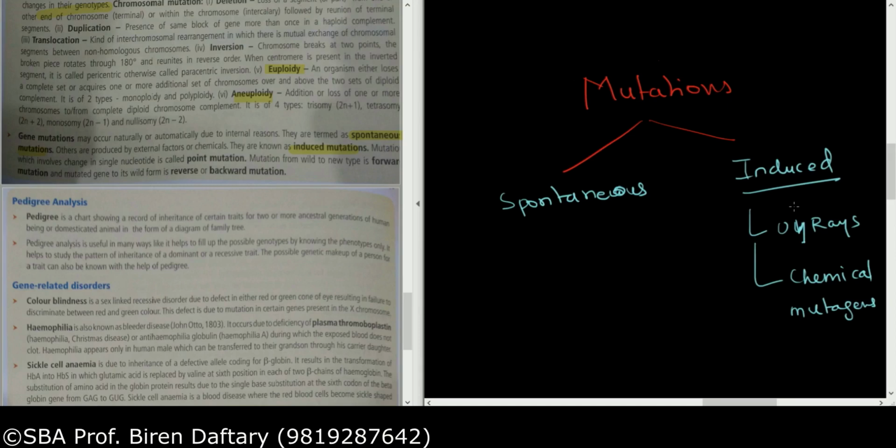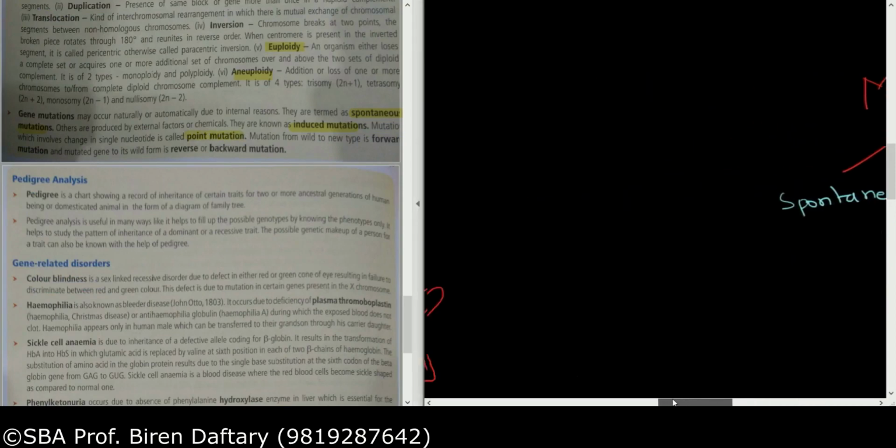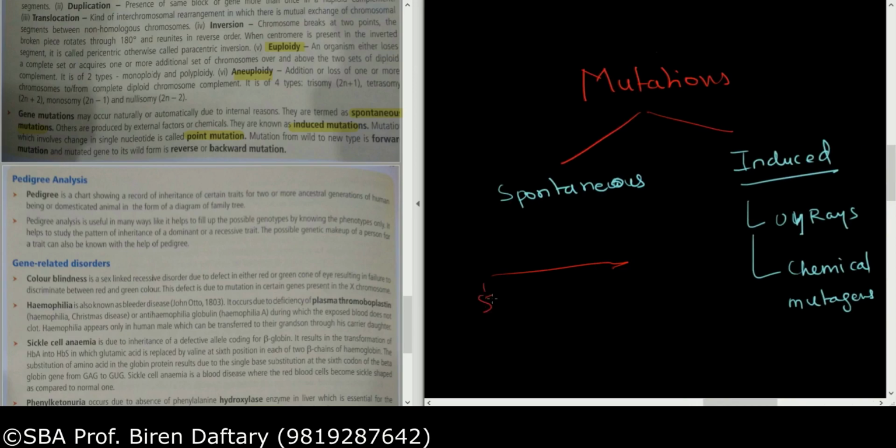Now they have given another word called point mutation. So what is point mutation? Point mutation is the mutation in which only a single nucleotide is changing. Again, I will show the example of this DNA. 5 prime, 3 prime, the sequence is G, G, C, C, C. And what happens to this sequence is, because of mutation, it becomes G, G, G, C, C. I am showing an example of deletion.